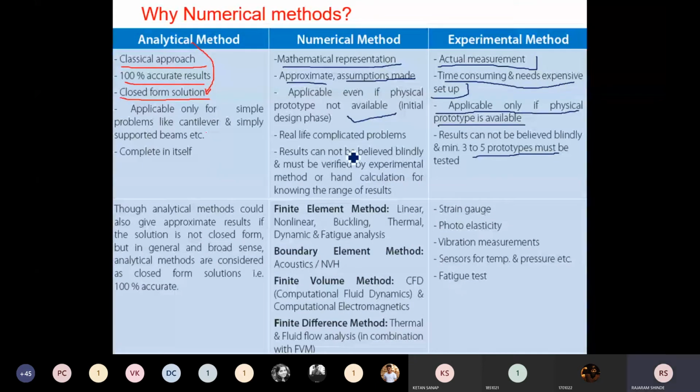Because this is an approximate method. Whether our solution is acceptable or not can be verified by using these methods. Any doubt here? If you have a doubt, you can ask me.